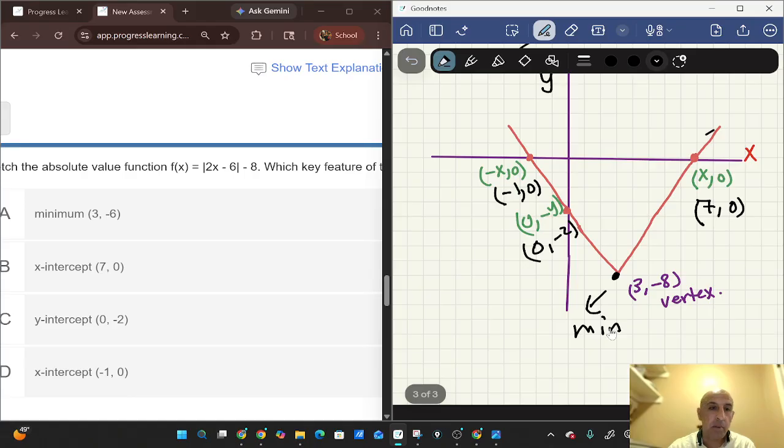So is the minimum 3, negative 6? That's not true. The vertex here is 3, negative 8, so option A is not right.